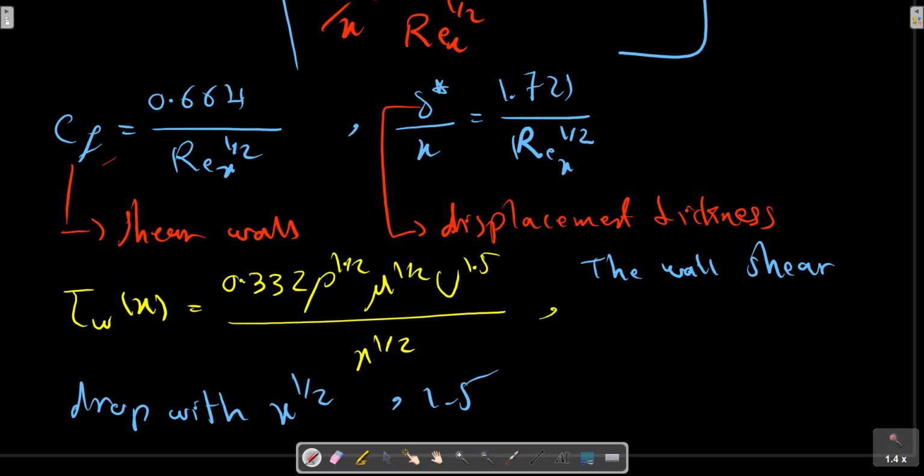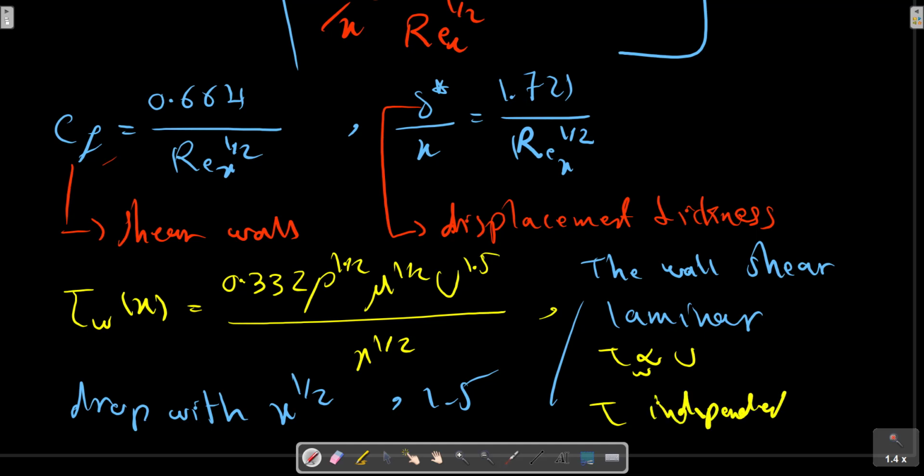This is in contrast to laminar pipe flow, where for laminar flow we had tau proportional to the upstream velocity and independent of x.